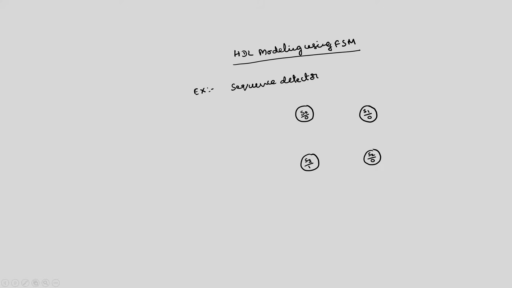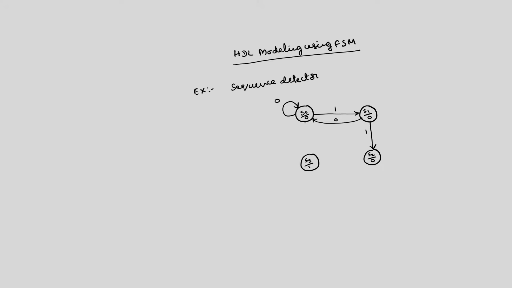If it receives 0, it will stay here itself. This label represents input. If the input is 1, it will go to the next state because it has to detect 3 or more consecutive ones. Similarly, here if a 0 is received, it will go again to the reset state which is S0. If a 1 is received, it will go to the next state.